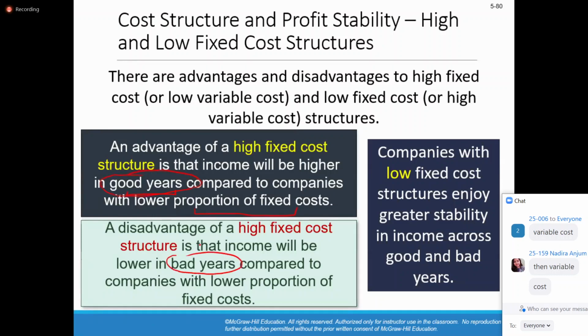So the general thing is that when companies have a low fixed cost, this is the reason why you love the variable cost. When companies have a low fixed cost, they have more stability and more flexibility, and they can be in a safer position both in good and bad years.